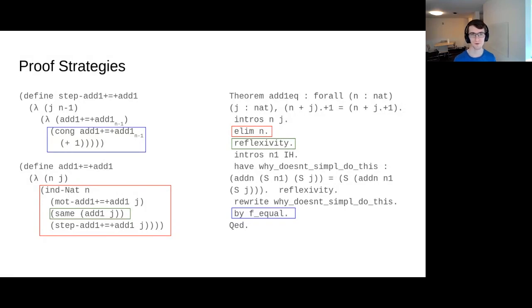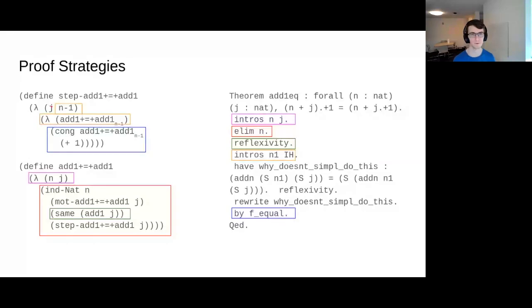So for example, this F equal tactic corresponds to the congruence constructor here. Or when we call a lim, that corresponds to this induction term here. Again, reflexivity corresponds to this same constructor for equality. Even intros corresponds to these lambda binders in the finished parts of the proof.